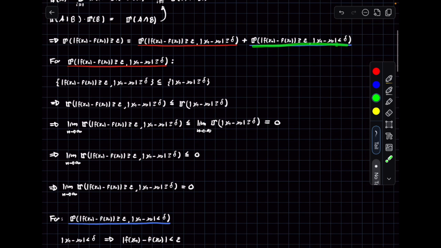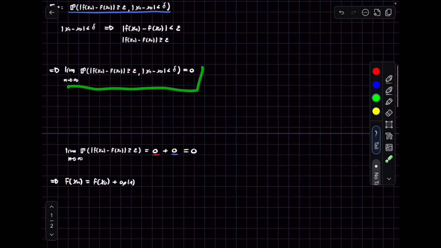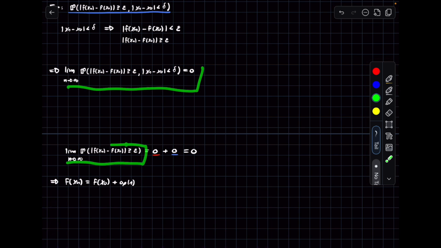Also with blue, same situation. We have this, which contradicts each other, so the limit of that is 0. Once we apply the limit on our left side, which is the original thing we want to decompose, it'll be 0 plus 0 equals 0. And then we have our end result. That's it.